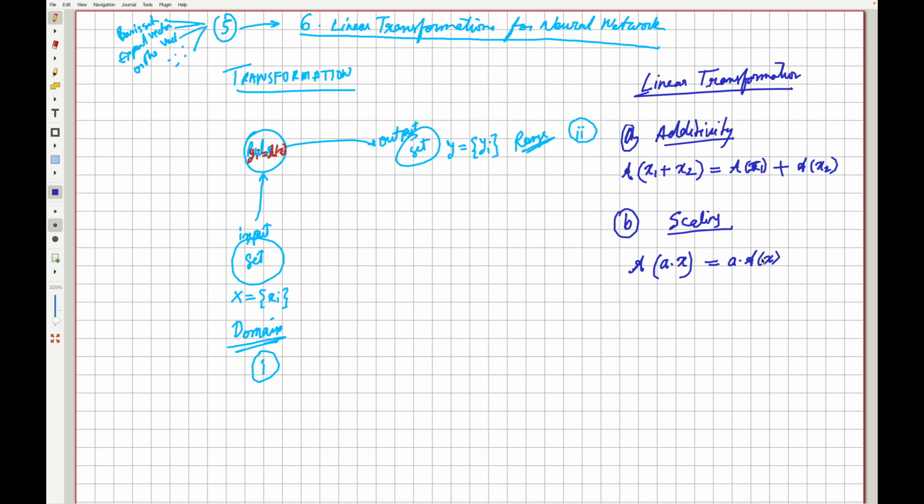So what this is saying is that if we double an input, then the output also doubles in the same direction.